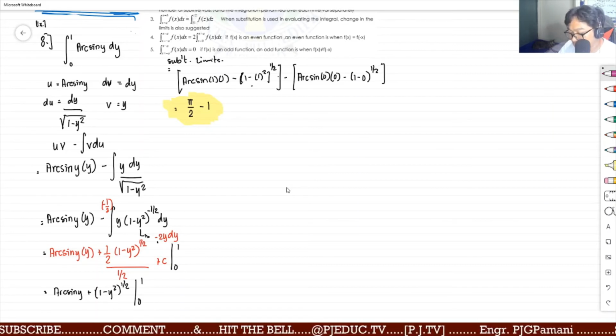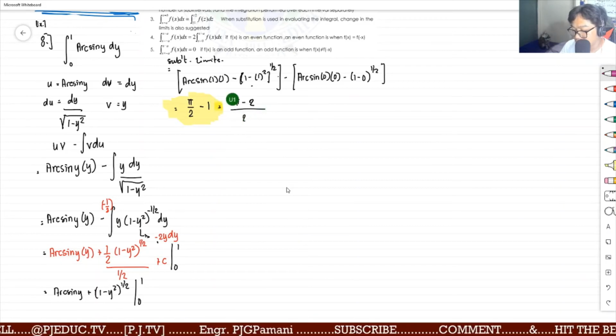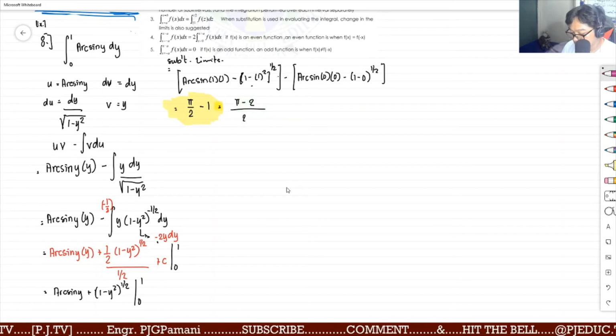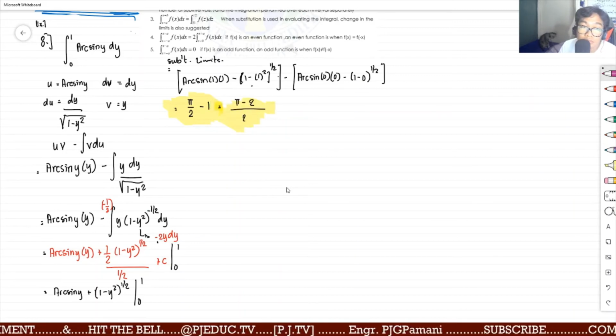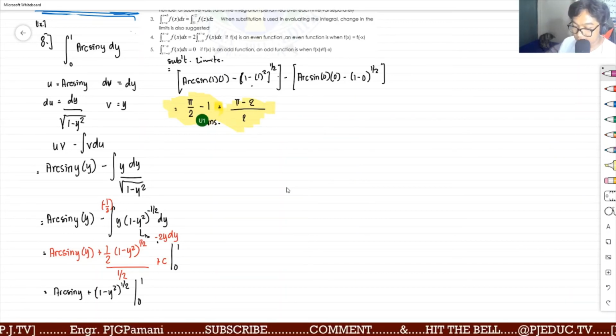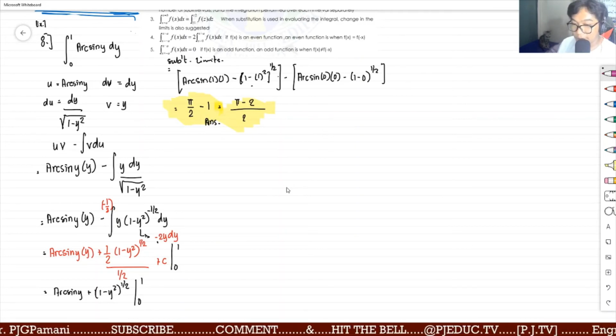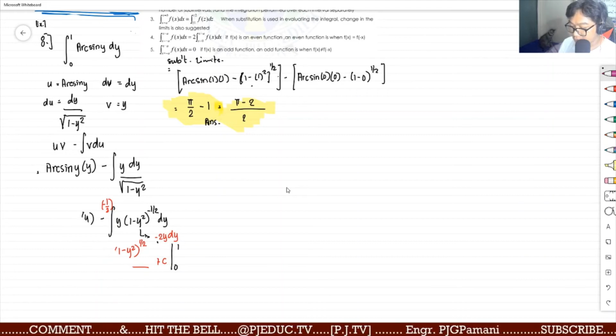Kung gusto mo pang gamitan ng LCD yan, that is 2 pi minus... okay? That will serve as our final answer for that problem. Next one.